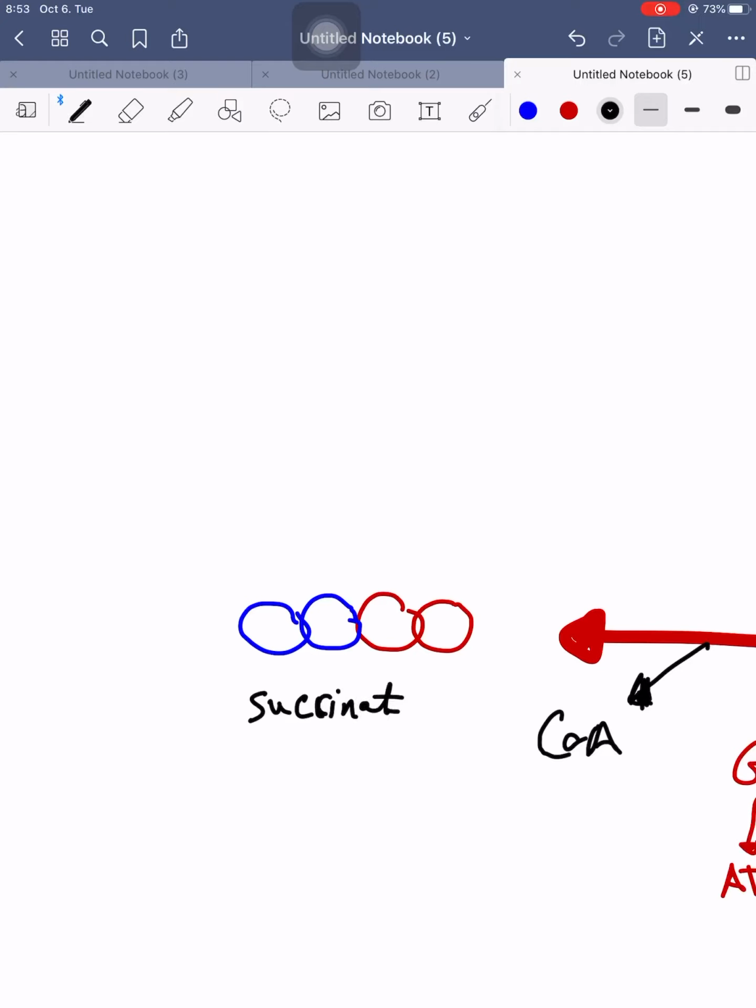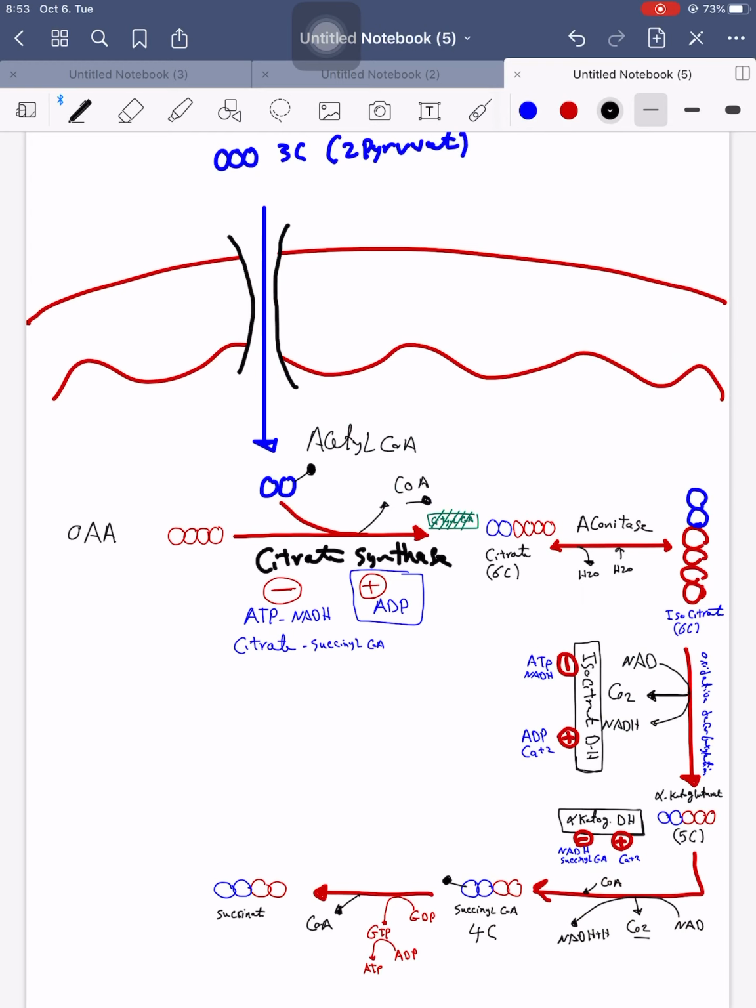Converted to succinate with the formation of one GTP and release of coenzyme A, as you remember here, release this coenzyme A and producing GTP. The enzyme which is responsible for that step is called succinyl coenzyme A synthetase or thiokinase.